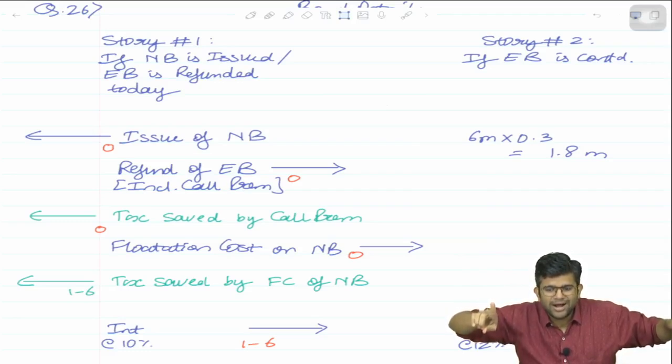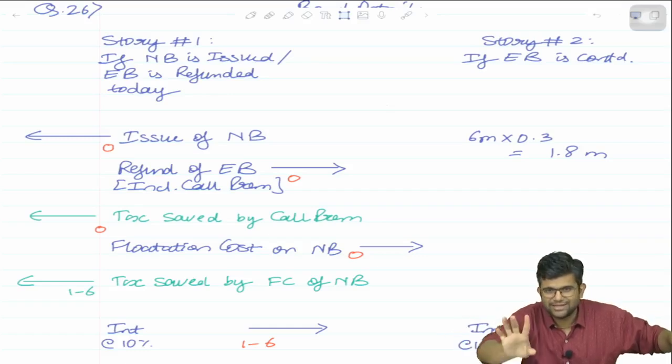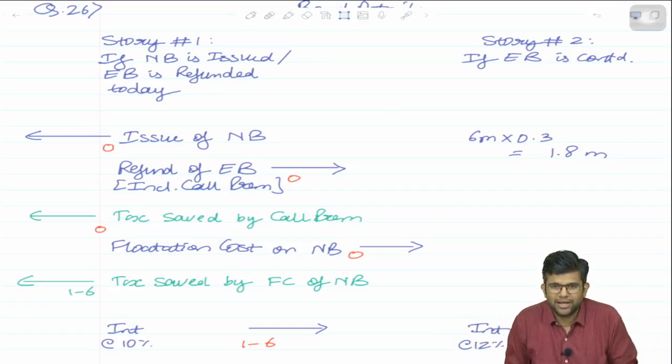Are you all understanding therefore that if I continue story number 2, there will be a tax saved by flotation cost for the next 6 years also. Take your time. Tell me, are you able to understand?